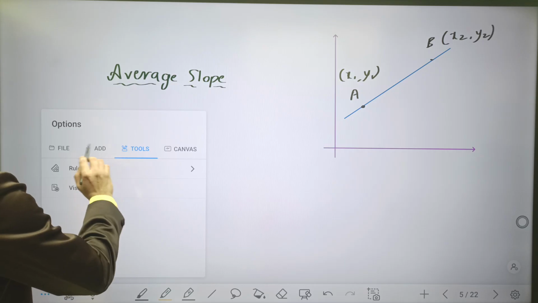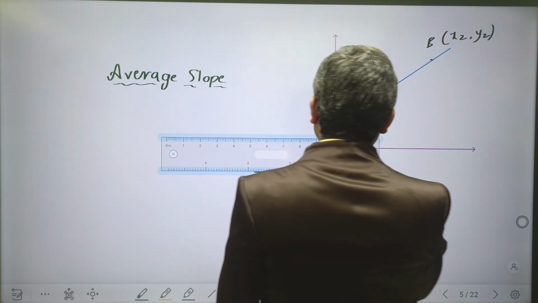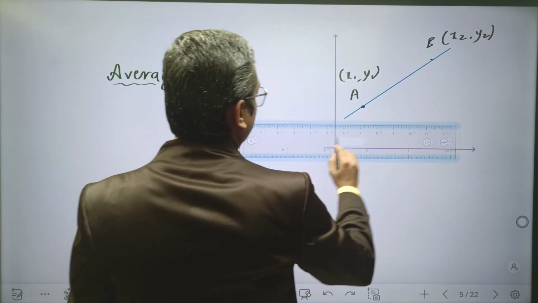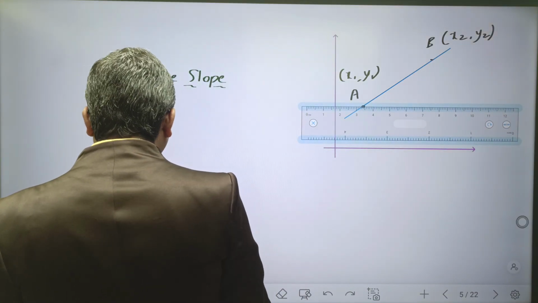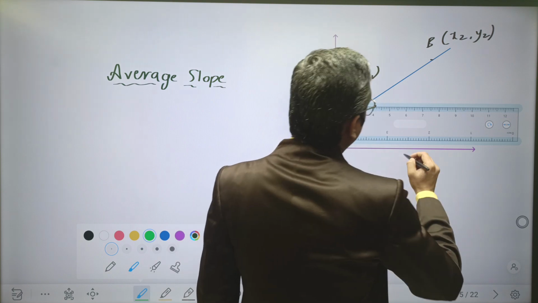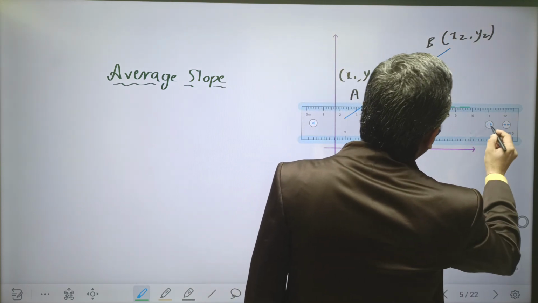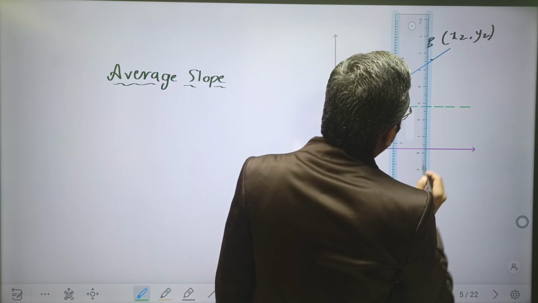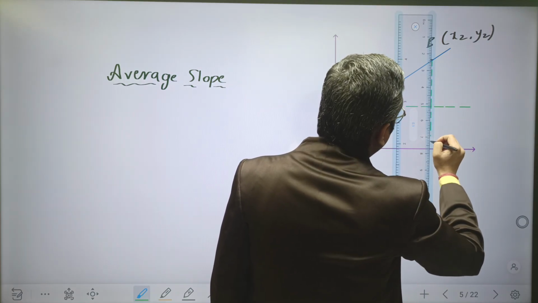Now for finding tan theta, what we do, first of all we draw a line parallel to the x-axis. So this is the line parallel to the x-axis, and from point B drop a vertical line here.